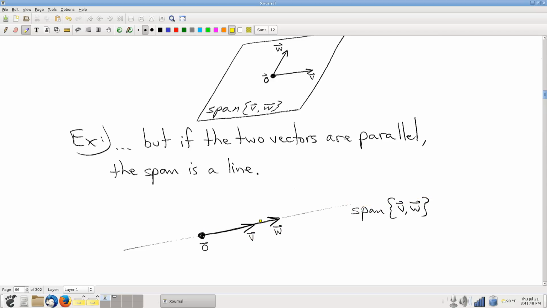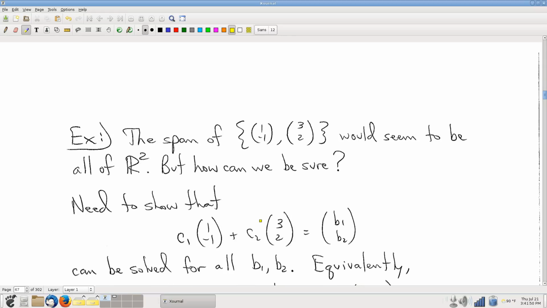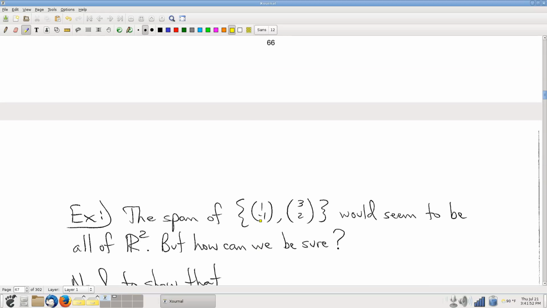Okay. All right. Now that's just geometric intuition, and let's think about it from a more algebraic and precise point of view. Let's consider this pair of vectors here. Note that these are non-zero. Note that they are not parallel. So this is a pair of non-zero, non-parallel vectors in R^2, and one would think then that they span a plane in R^2.